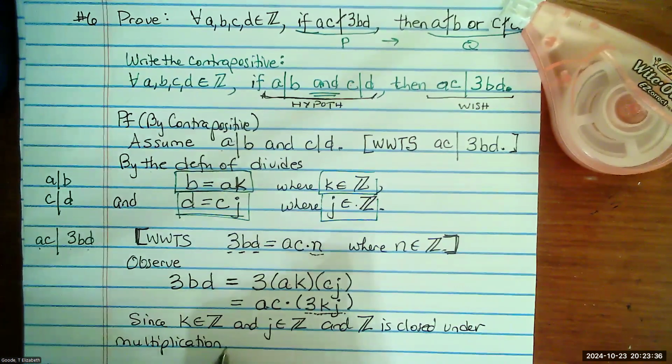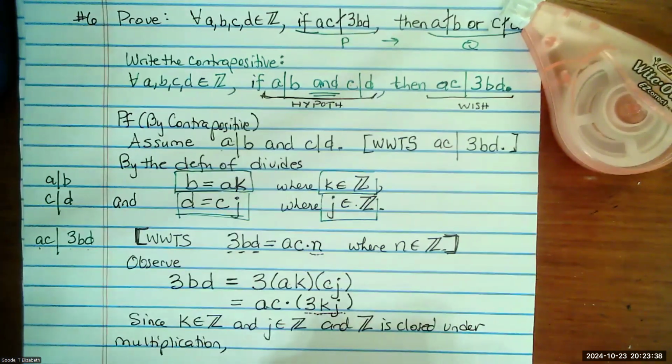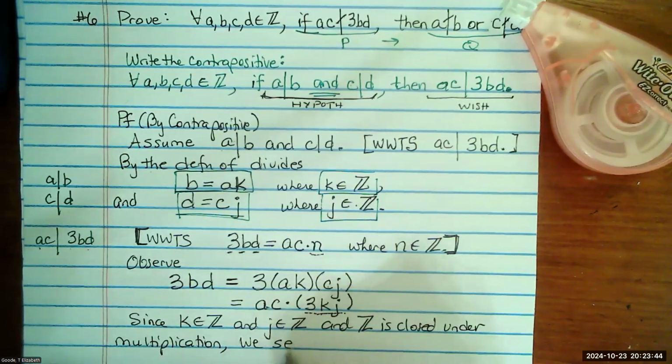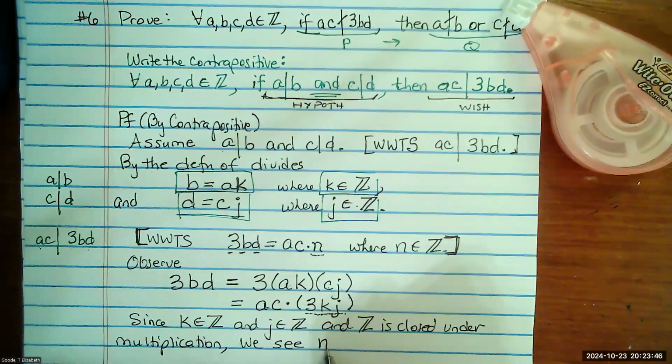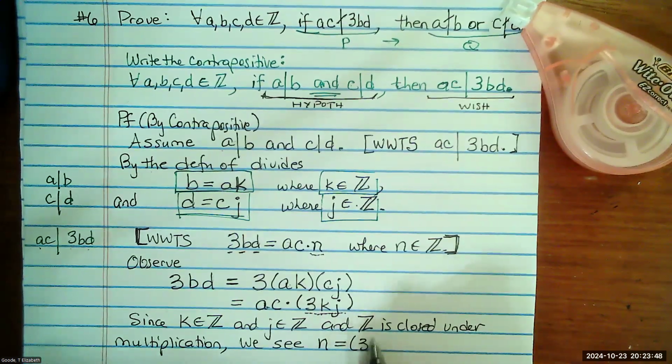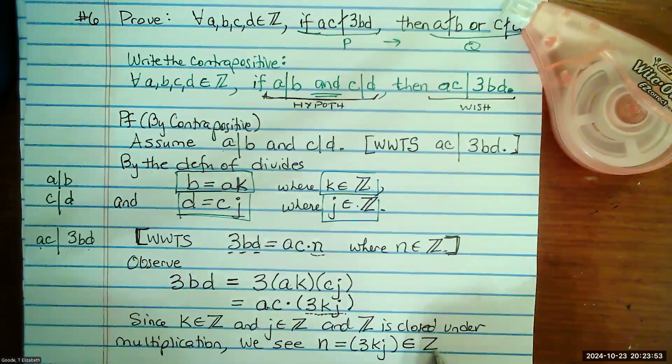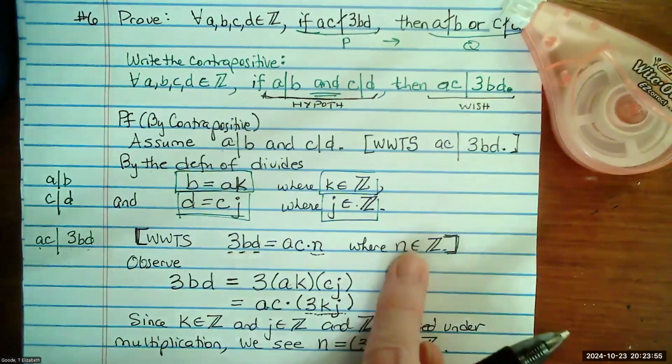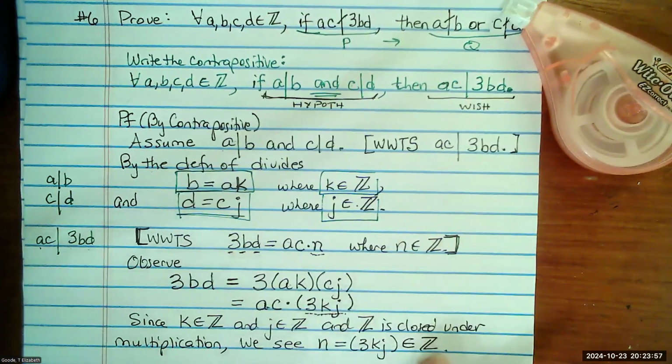now what? You can just say we see N equals 3KJ is in Z. That's what we needed to say. We need to say that it's in Z, right?